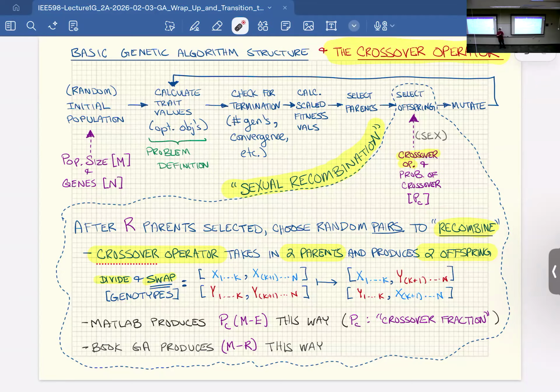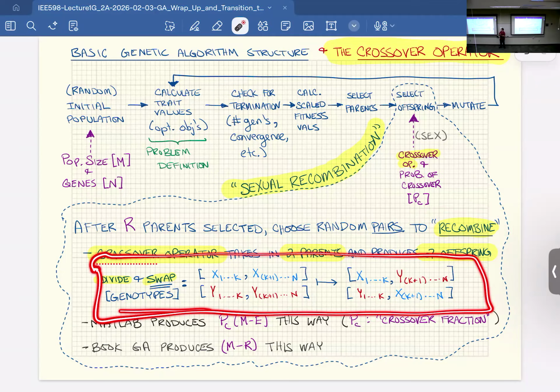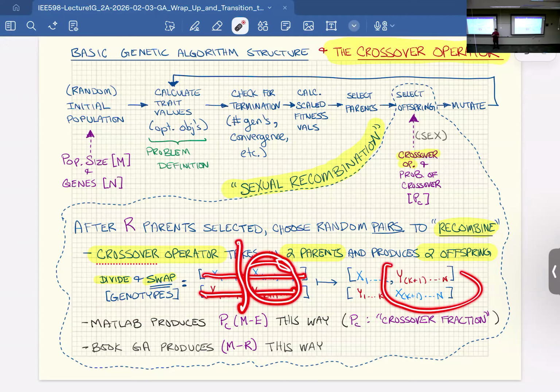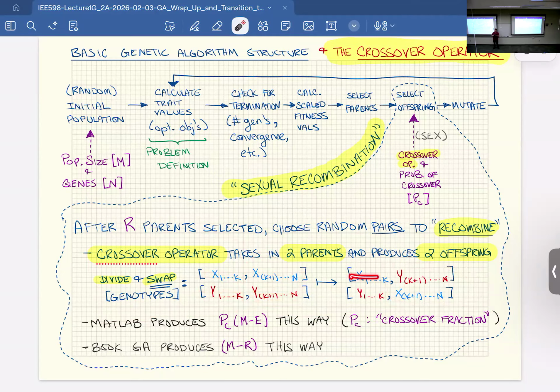Generally speaking, the crossover operator is doing something like single point crossover, where you've got the genotype of one parent, the genotype of another parent, you pick a point, and anything after that point gets swapped. So the first half of parent one is in offspring one, the second half of parent one is in offspring two, and vice versa.